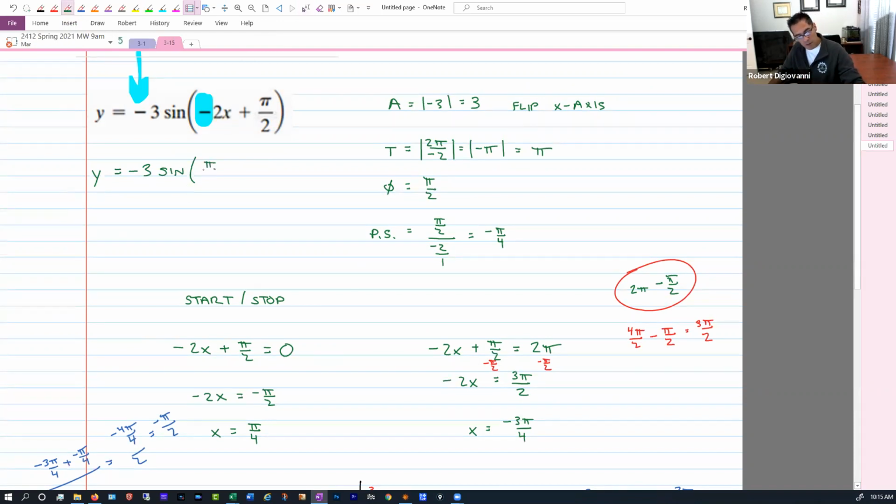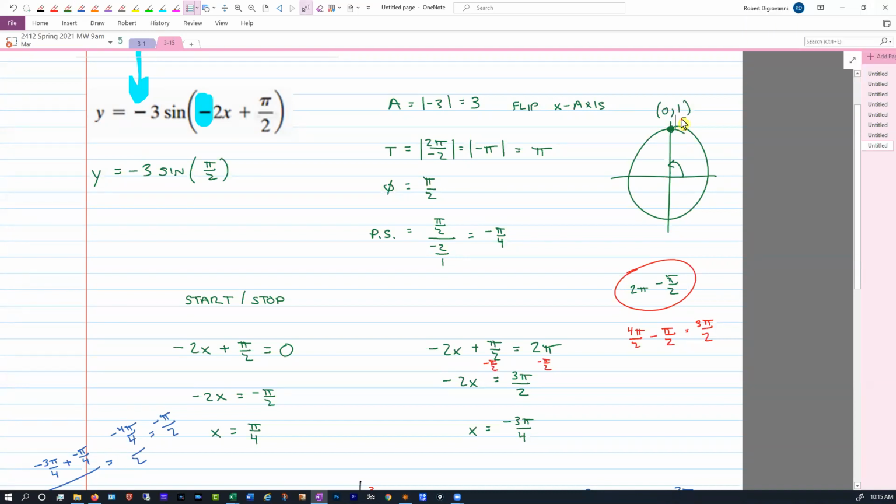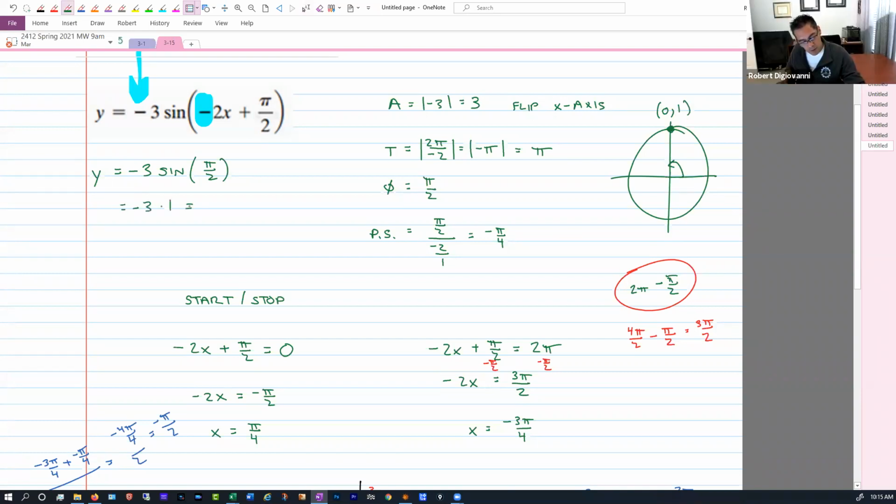And then sine of pi over 2. Now, what is sine of pi over 2? Think about your unit circle. Pi over 2, straight up. It's the point 0, 1. It's 1. So this is really just -3 times 1, which is -3.